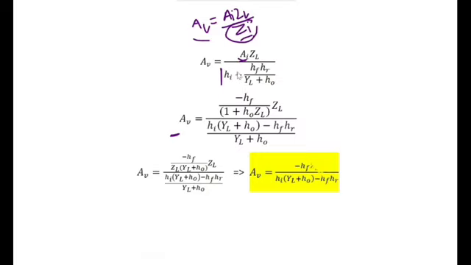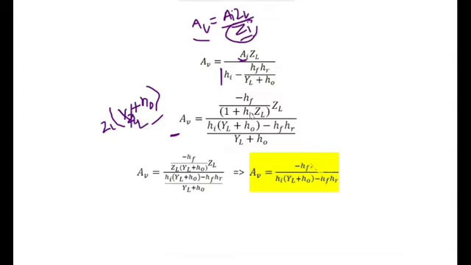So HI into YL plus HO minus HF into HR by HO is the finalized numerator here, and here 1 plus HO into ZL. We can also write this 1 plus HO into ZL by taking ZL as common. If we simplify this term, 1 by ZL is nothing but YL, that is admittance.